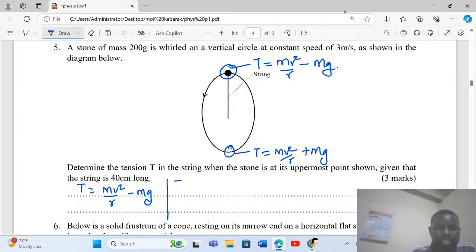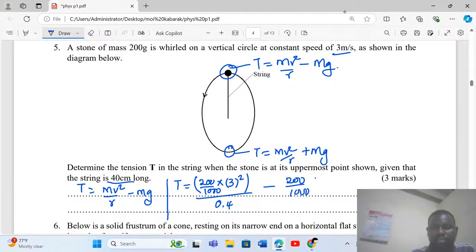The mass is 200 grams, which is equivalent to 200 divided by 1000, times v, which is 3 meters per second, then we square it, then divide by the radius, which is 0.4, minus 200 over 1000 times 10 for g.